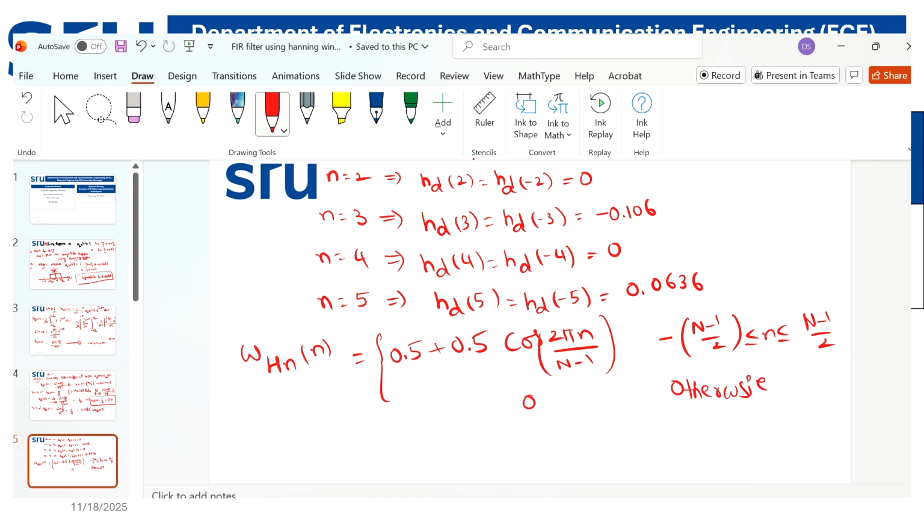Now again I have to substitute n value, given the order of the filter is 11. So therefore the formula holds good for n value between minus 5 to plus 5 and 0 otherwise.